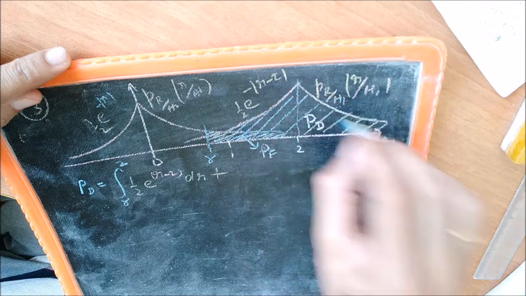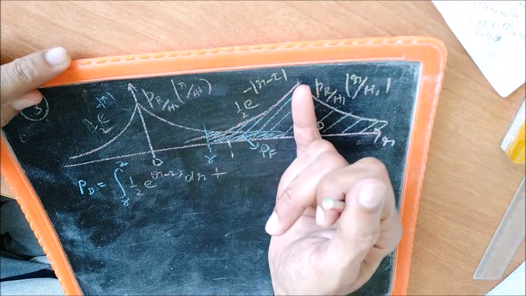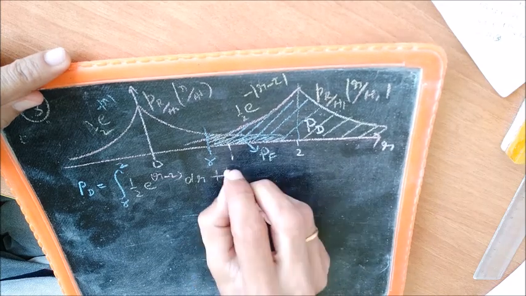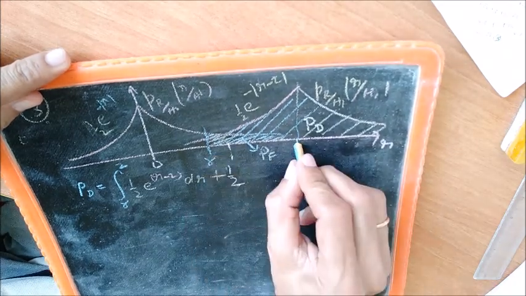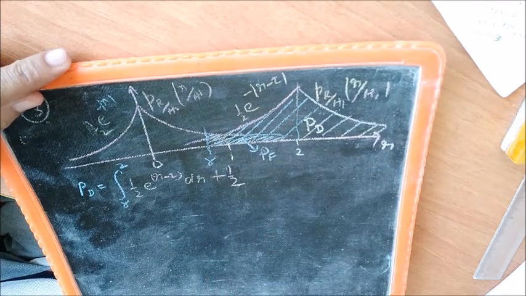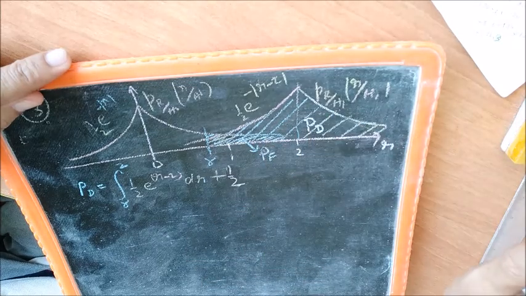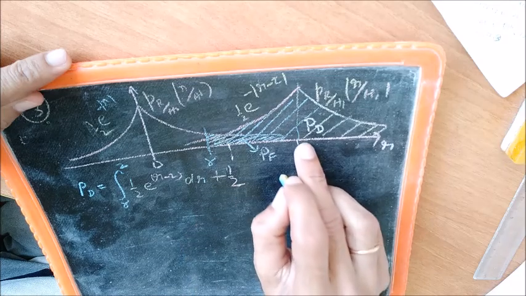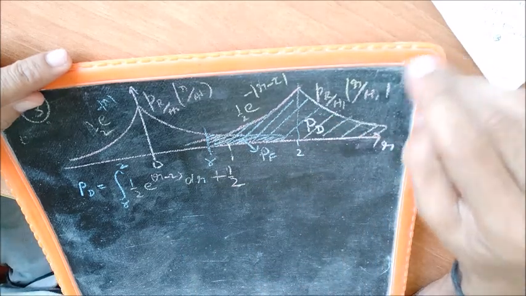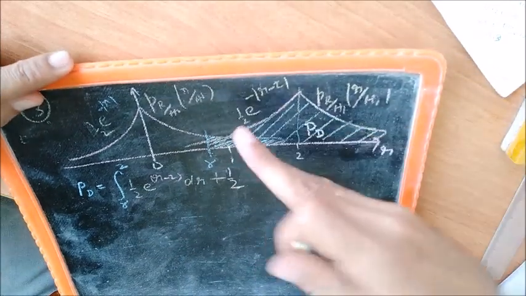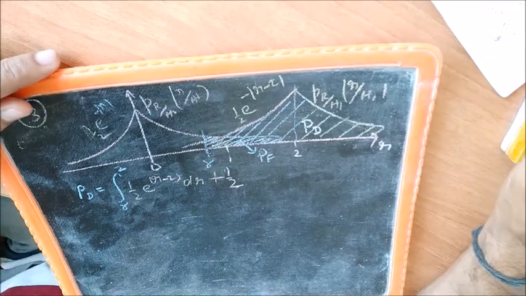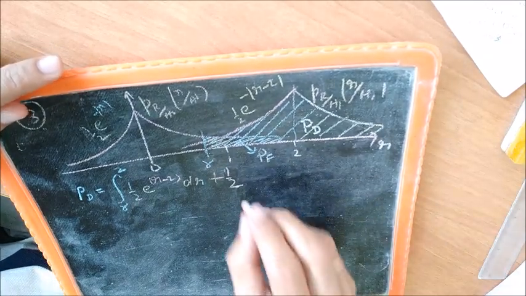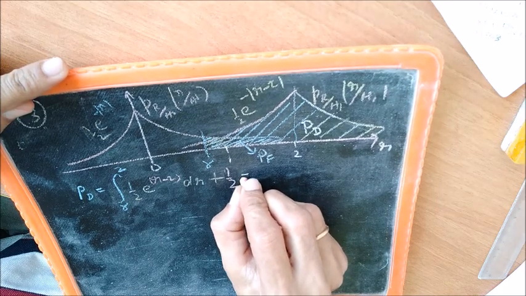Since the integration from 2 to infinity of the density covers half the density function, the result will be 1/2, because the total area under a density function is 1. So the PD is the integral from gamma to 2 plus 1/2.